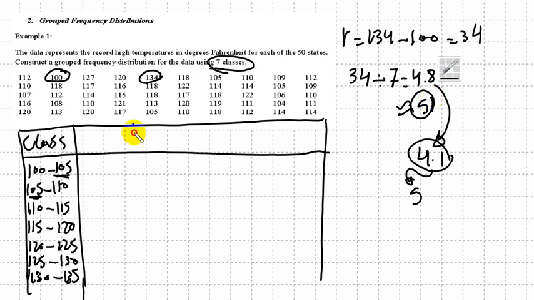Second step, let's find the frequency. In the first group, we will count 100, 101, 102, 103, and 104. Let's count them.